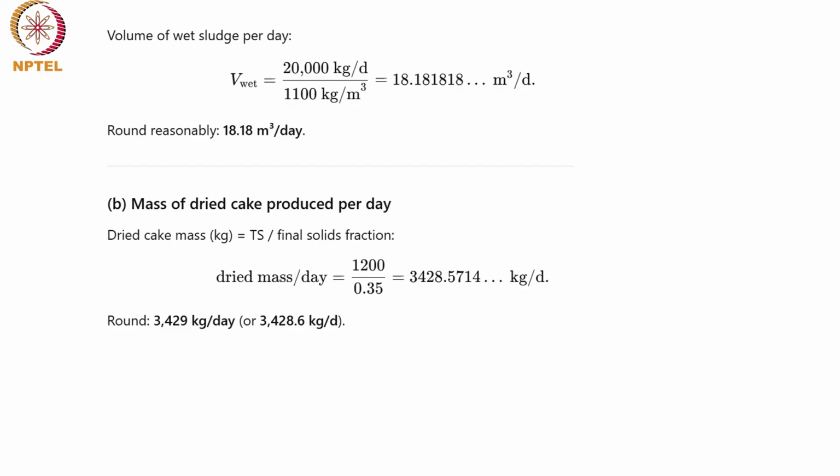Okay, so the next subdivision, what you have to find is the mass of dried cake produced per day. Option B, mass of dried cake produced per day.